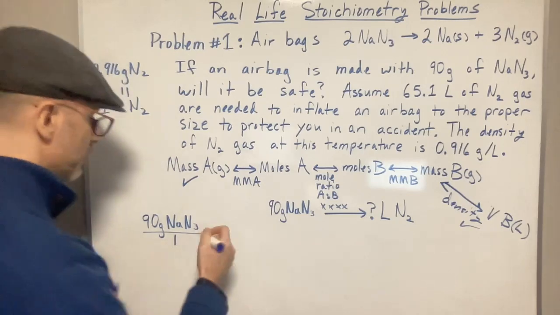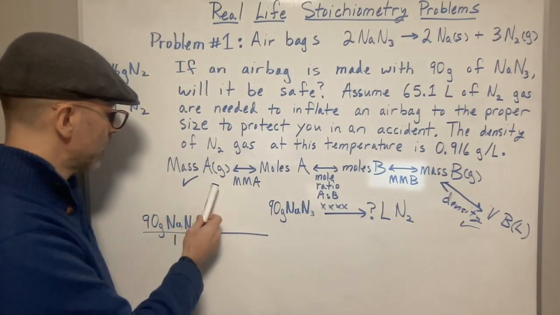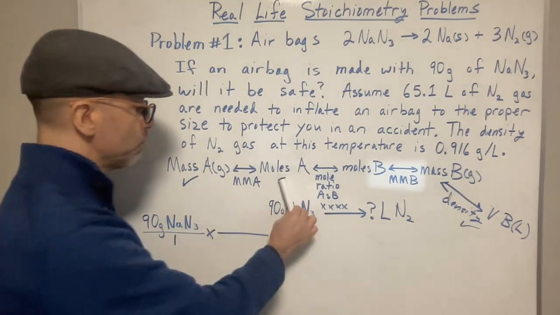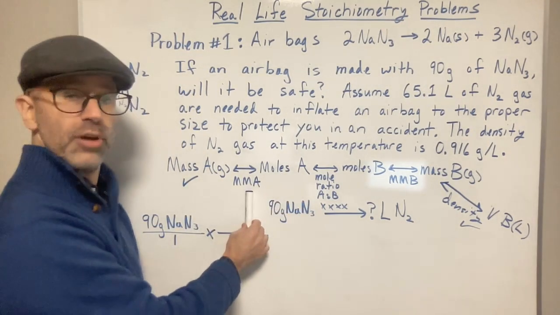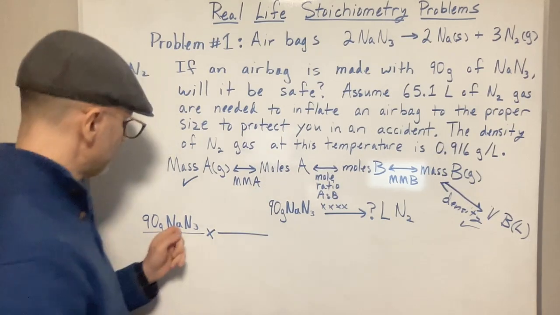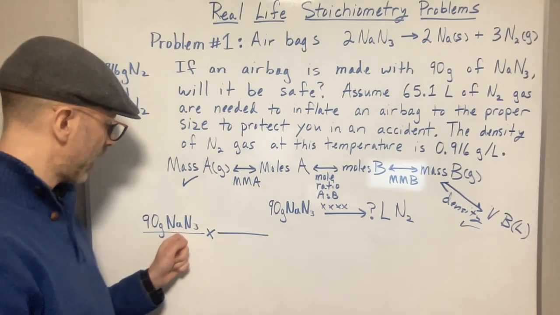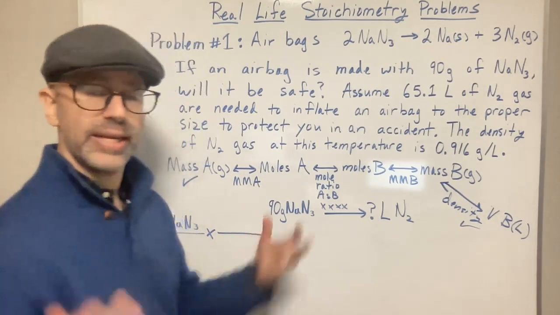So the first step is we need to convert mass in grams to moles using the molar mass of A, MMA, molar mass of A. So what's the molar mass of sodium azide? So NaN3. So we calculate that up.